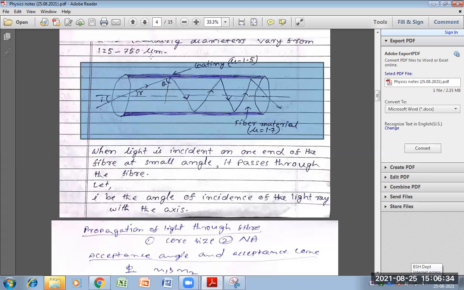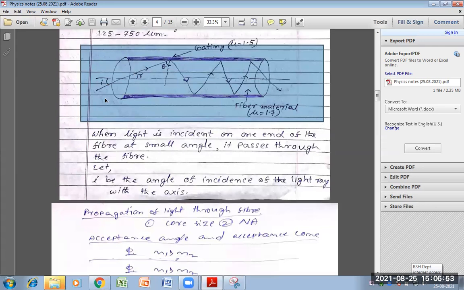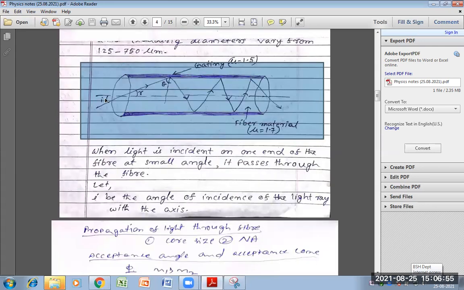Here I have written here. Look, according to this diagram, when light is incident on one end of the fiber at a small angle, it passes through the fiber. So here i is the angle of incidence of the light ray with the axis, and r is the angle of reflection.